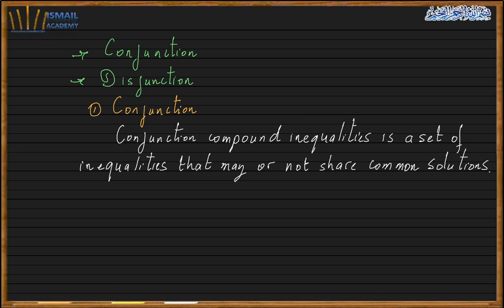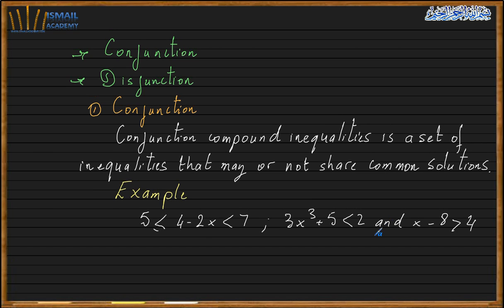So to give you an example, then I will show you the idea. So an example of compound inequality: 5 is less than 4 minus 2x is less than 7. You see, this is how it was described in some books.